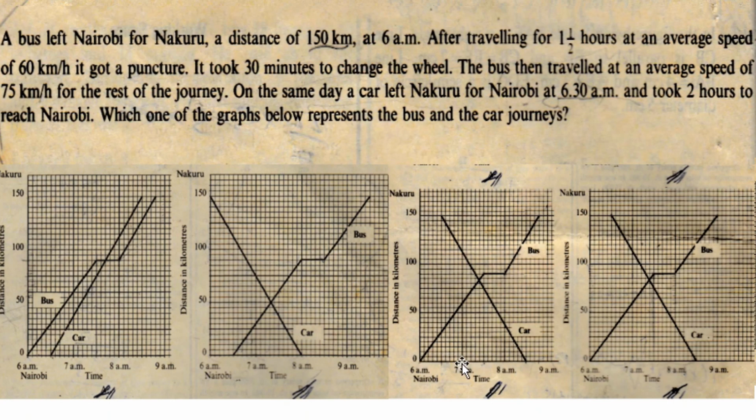So from 6 to 7, that's where we have 1 hour. We should move and it should show us that we have covered 60 kilometers. So when we move up, it comes and joins the line at this point. Then we determine the scale on the vertical axis. To know the scale on the vertical axis, we need to know how many squares there are from 0 to 50.